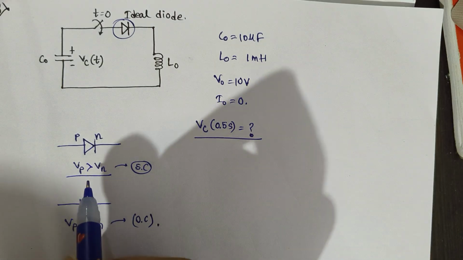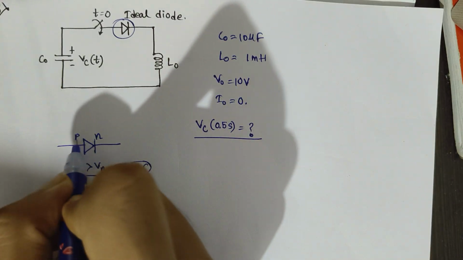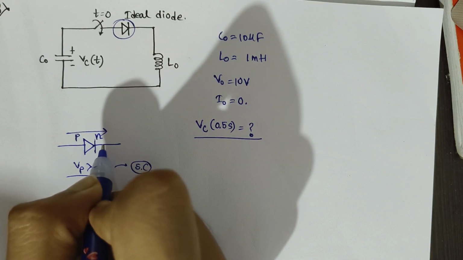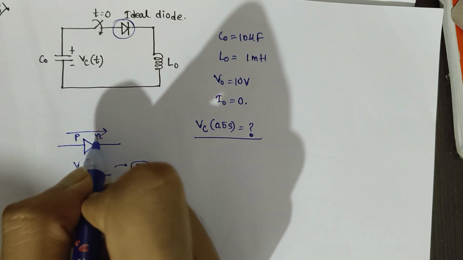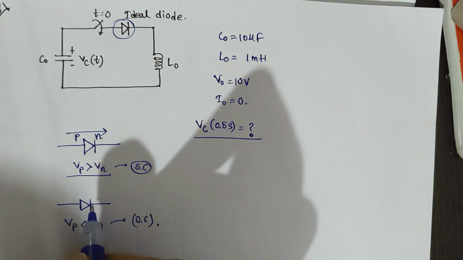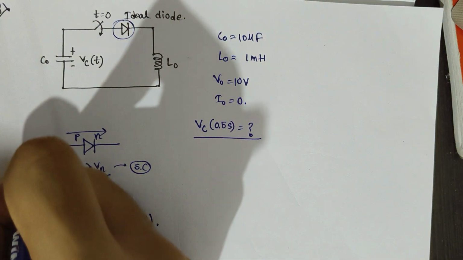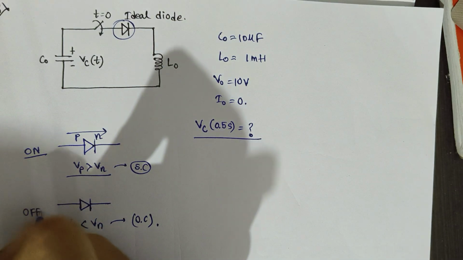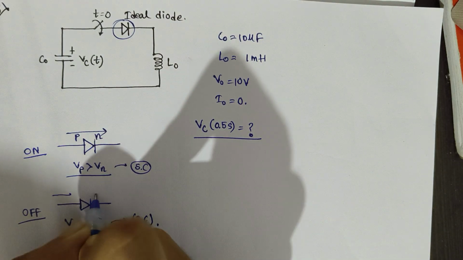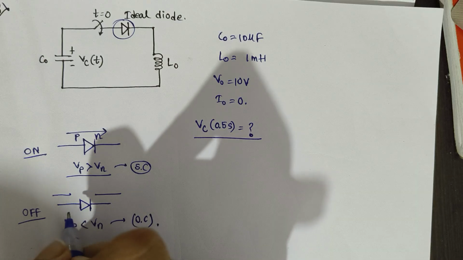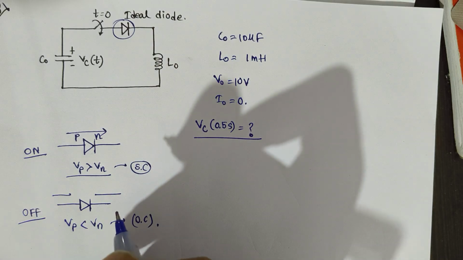Or simply we can say when the diode is on, then current will flow through the diode. When the diode is off, there will be no current through the diode because it acts as open circuit.